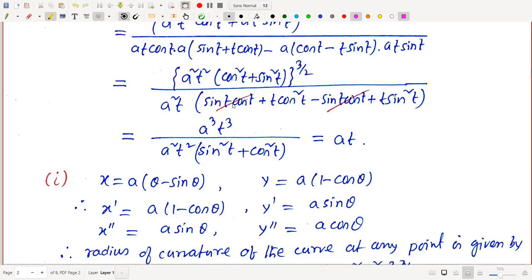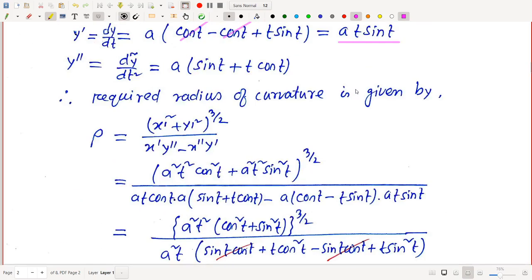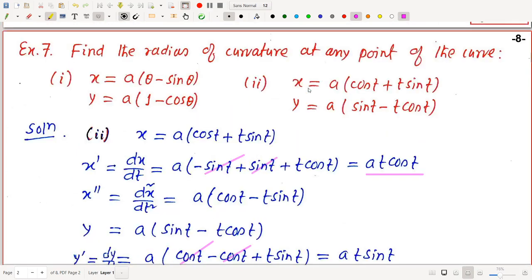Okay, so these two terms get cancelled. Finally, if we take t common, it will be a²t, cos²t and sin²t added here, sin²t + cos²t is 1, so finally the answer is at. So this is the radius of curvature at any point of this curve.